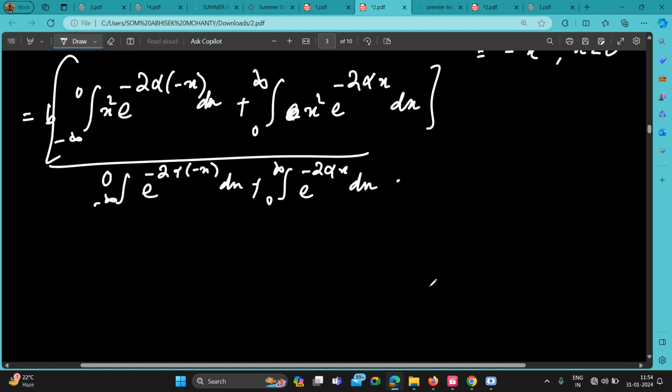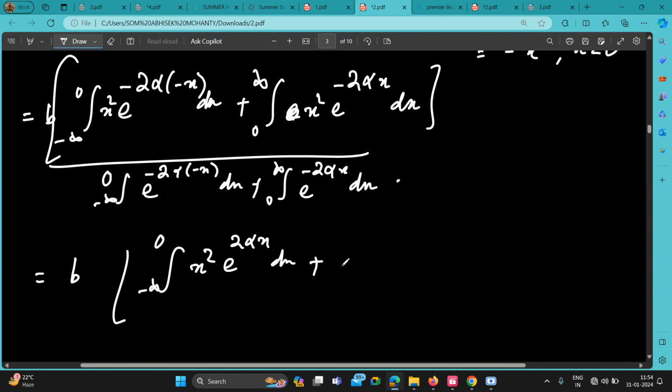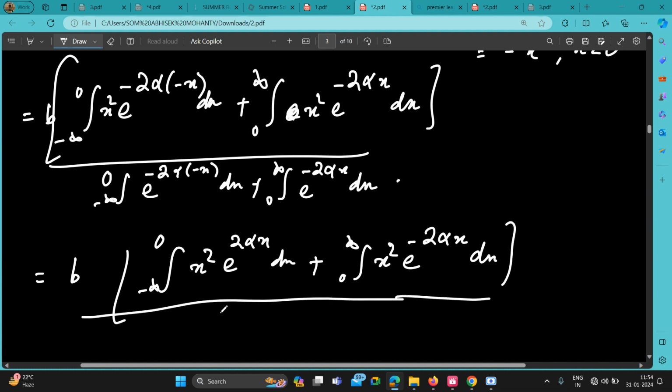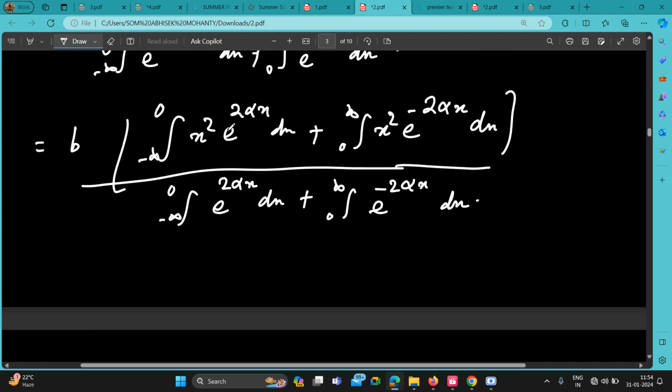Okay, now see what we can do here. We can change the limit of the integration to 0 to infinity.